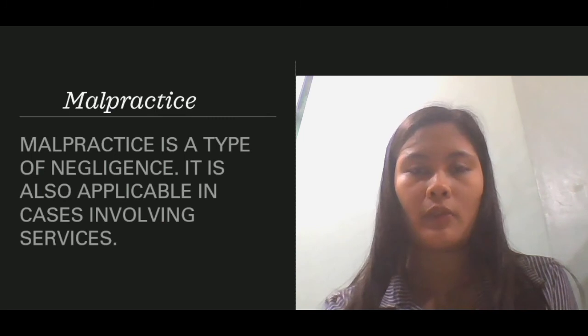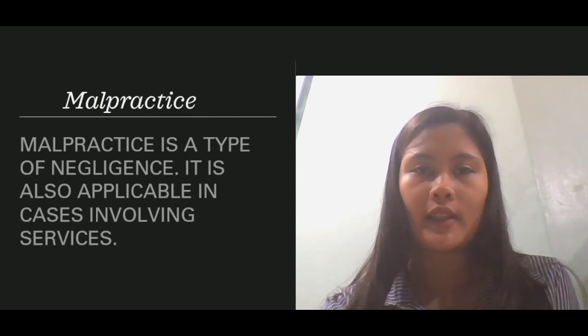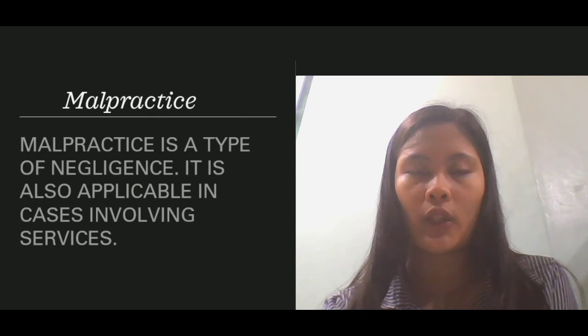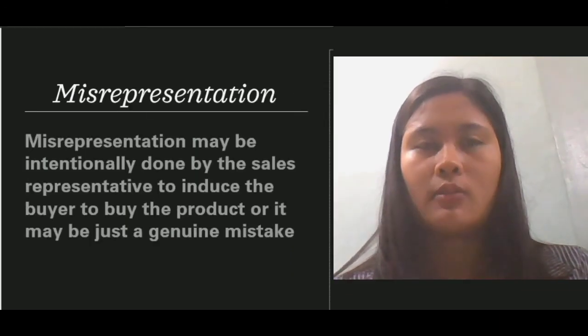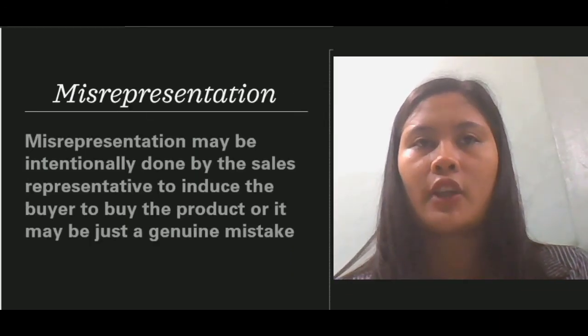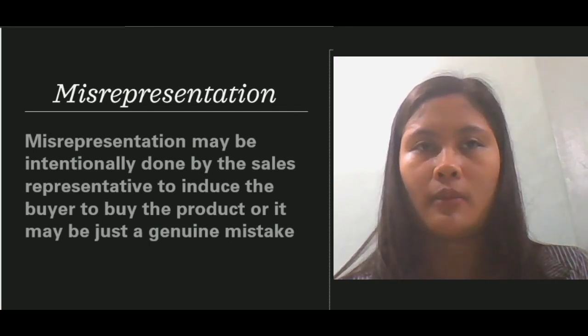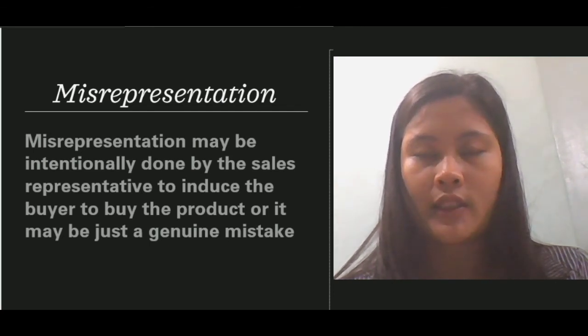Malpractice. Malpractice is a type of negligence. It is also applicable in cases involving services. Misrepresentation. Misrepresentation may be intentionally done by the sales representative to induce the buyer to buy a product, or it may be just a genuine mistake.